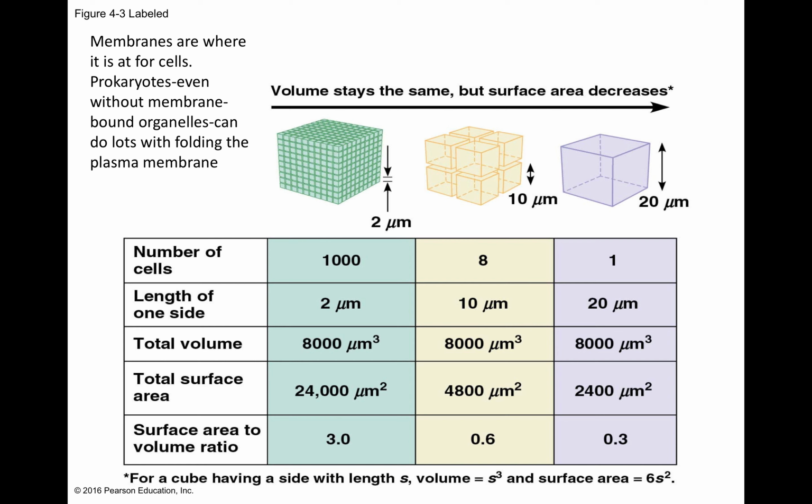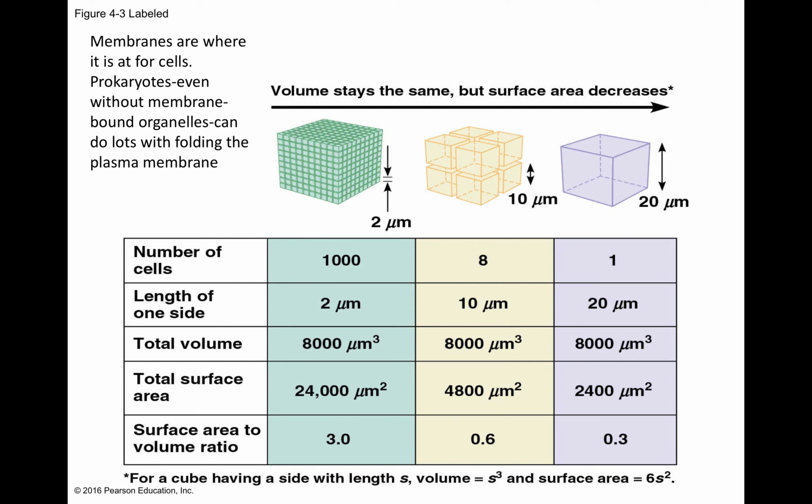So your membrane area has a lot to do with what a cell can do. Prokaryotes don't have membrane-bound organelles, but they can use their infolded plasma membrane to get a lot of the functions that we associate with our organelles, like energy production.